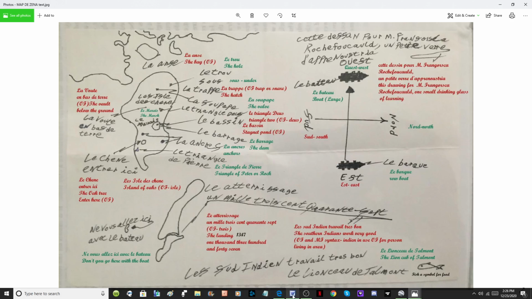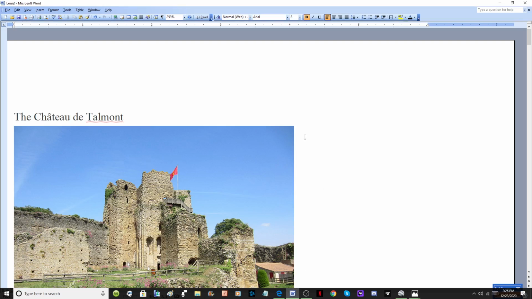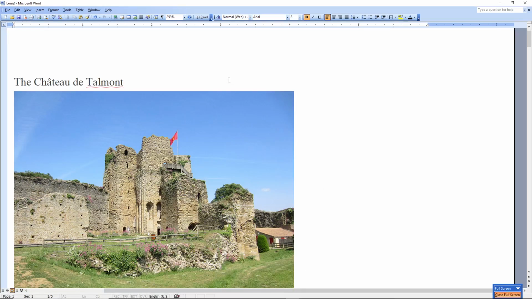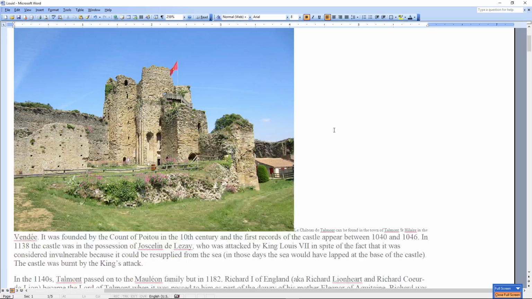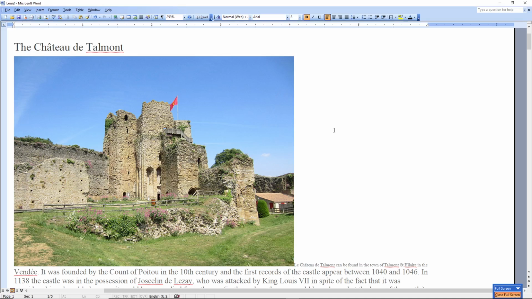So I want to get into this. This is the Chateau of Talmont. It is an important place in this theory, and this is not just me, but other people have said this theory.